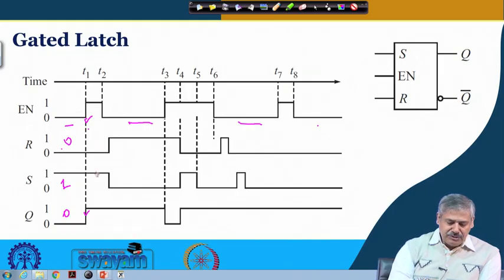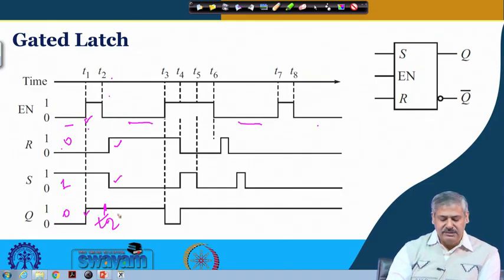Now, from T1 to T2, there is no change in S and R. So, Q remains at 1 at T2. After that enable is 0. So, after that R becomes 1 and S becomes 0 at some point over here, but that effect does not get reflected in the output Q. Why?